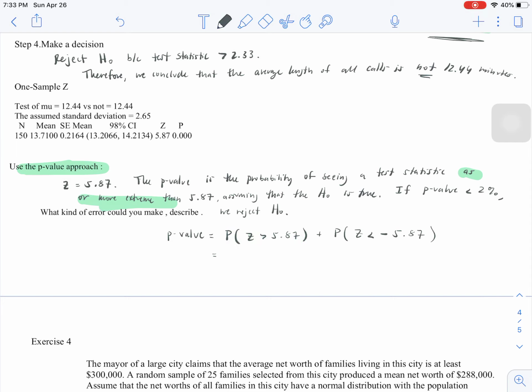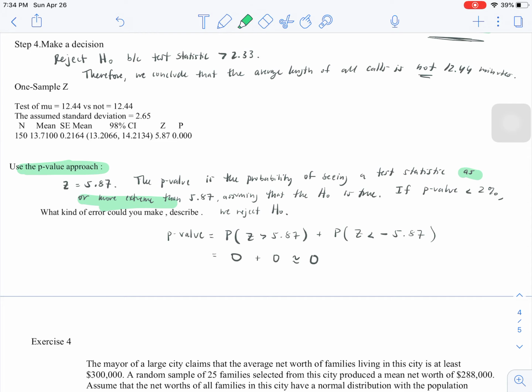Well, if I look that up on my normal table, this z-score is so big that it's not even on the table. The area to the right of a really big z-score is near 0. Similarly, the area to the left of a really negative z-score is also near 0. Hence, our p-value is approximately 0.